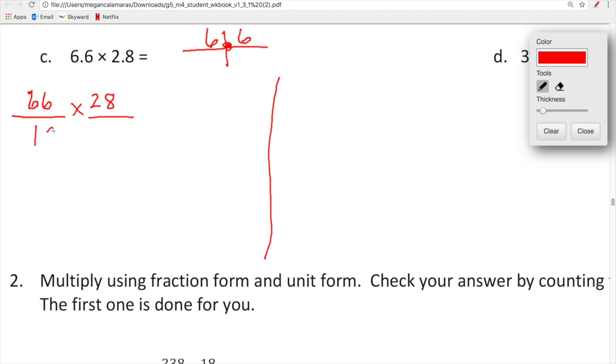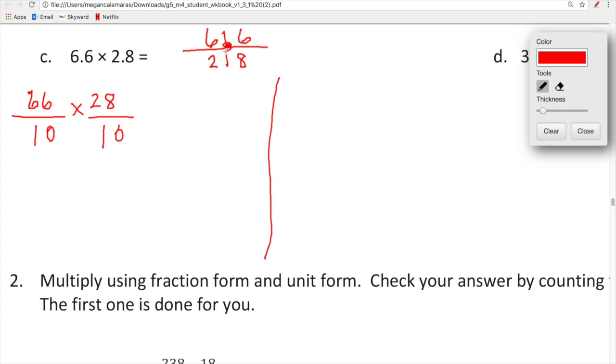Awesome. Let's think about what 2.8 looks like on a place value chart. And yes, I'm still at my hair salon, that's why you hear the music in the background. 2.8 on the place value chart can be renamed as 28 tenths.